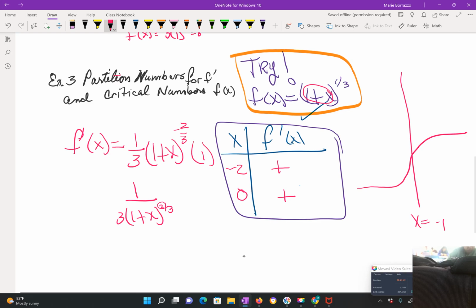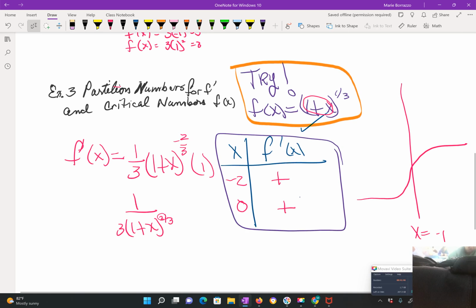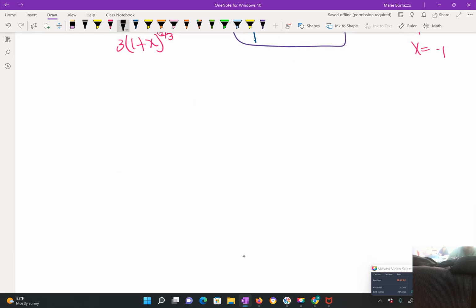Ready for number 4? Yeah. All right. Without graphing it, we're finding the partition by finding the horizontal tangent. In example 4, we're looking for the partition number. So same thing.